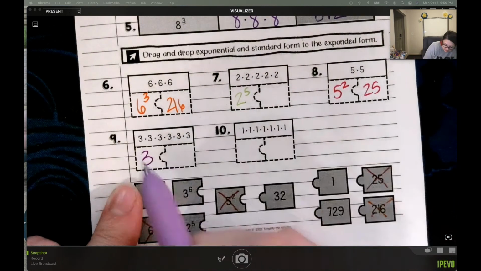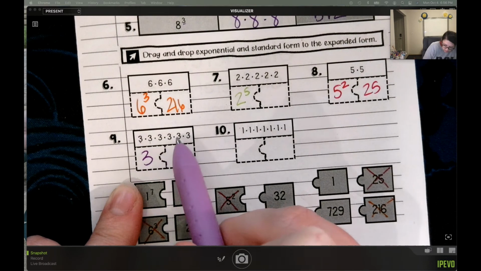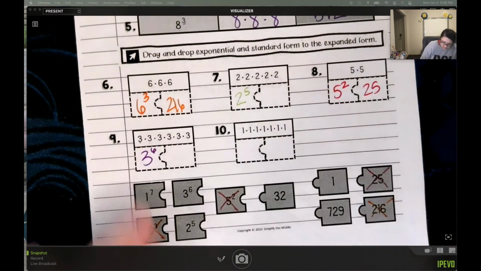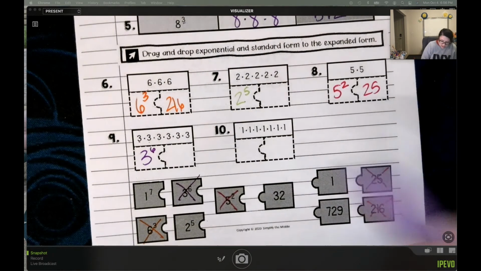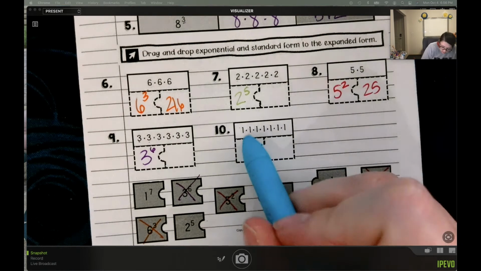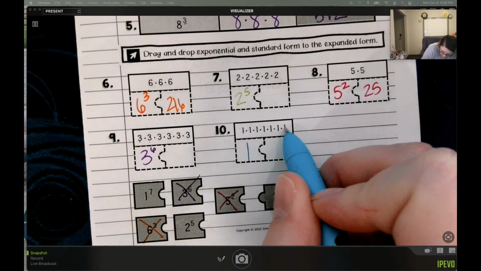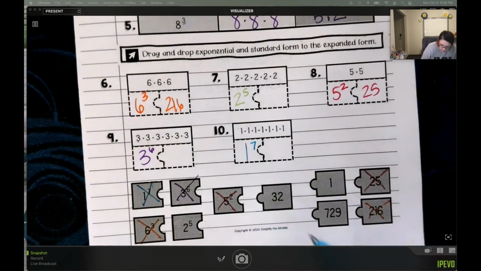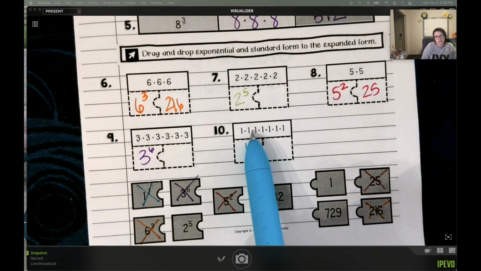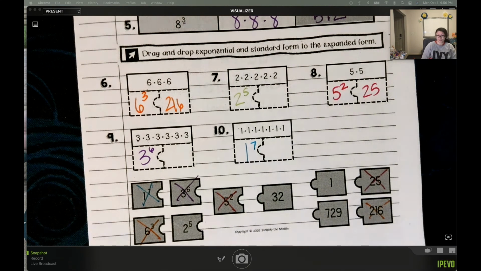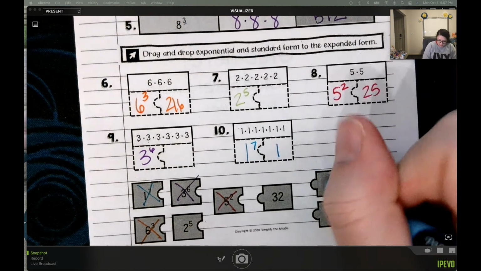Then I have 3 to the exponent of 1, 2, 3, 4, 5, 6. Oh my goodness. 3 to the 6th power. And then the last one, I have 1 to the exponent of 1, 2, 3, 4, 5, 6, 7. 1 to the 7th power. What's 1 times 1? 1 times 1 is 1. Times 1 is 1. So that should be equal to 1.